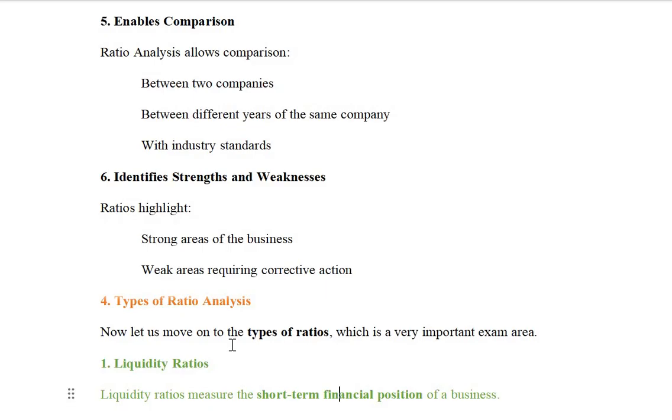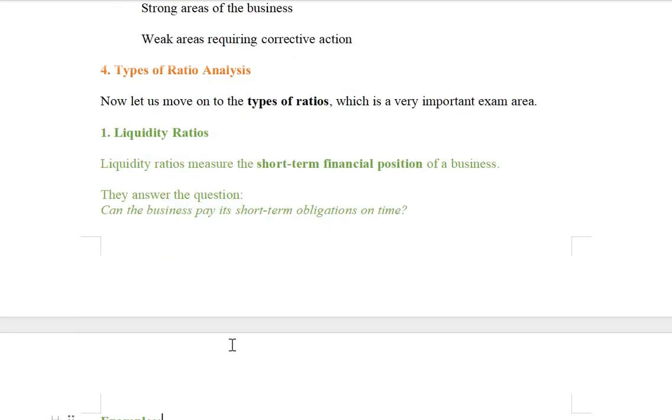Then next we'll move on to the types of ratio analysis. Ratios can be classified under various aspects, that is, based on the usage of financial statements, or how the business is expecting in various aspects, or the purpose of doing the business. In all these cases the ratio analyses are classified.